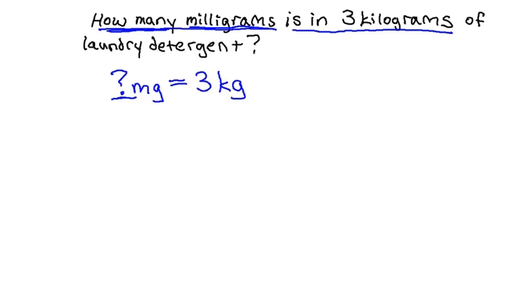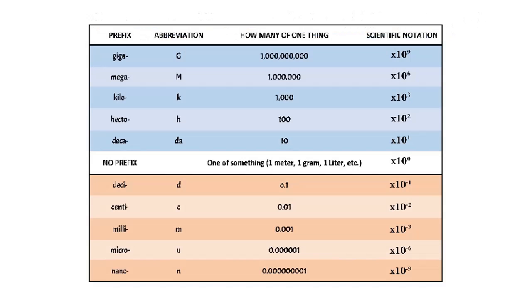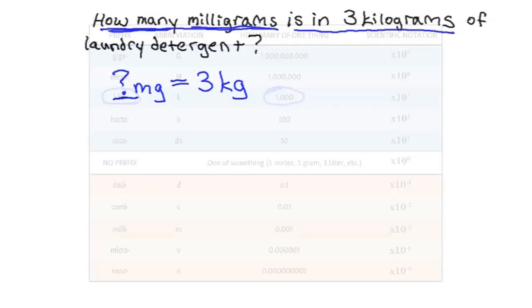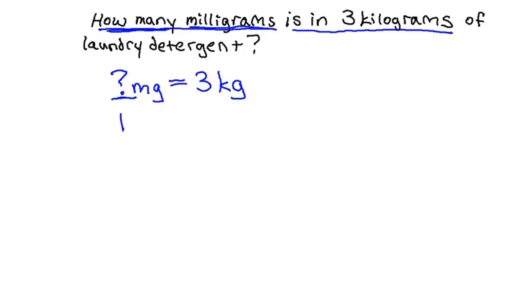Now we need to remember the conversion formulas for milli and kilo. And if you remember, let's go back to the table. On kilo, this kilogram means 1,000 grams because kilo is big. So 1 kilogram is 1,000 grams. So let's put that on our table. 1 kilogram equals 1,000 grams. Okay, now what about milligrams?